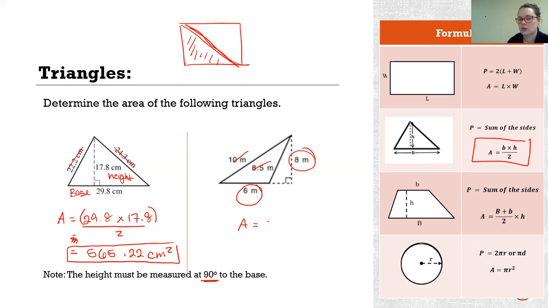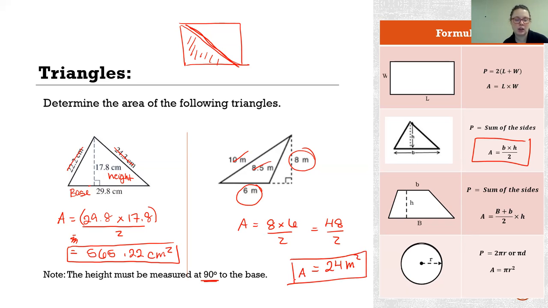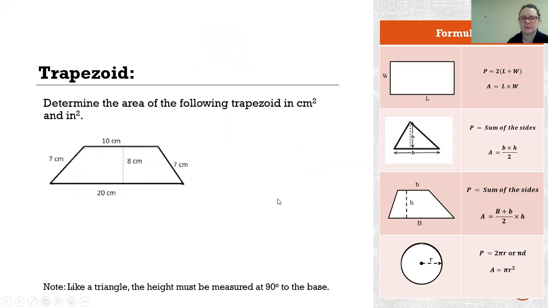So the area is going to be 8 by 6 divided by 2, which is 48 over 2, which is 24 meters squared. Just substitute in and calculate. Triangles are pretty common ones. Your triangles typically are more like this kind of triangle, which is like your gable end.